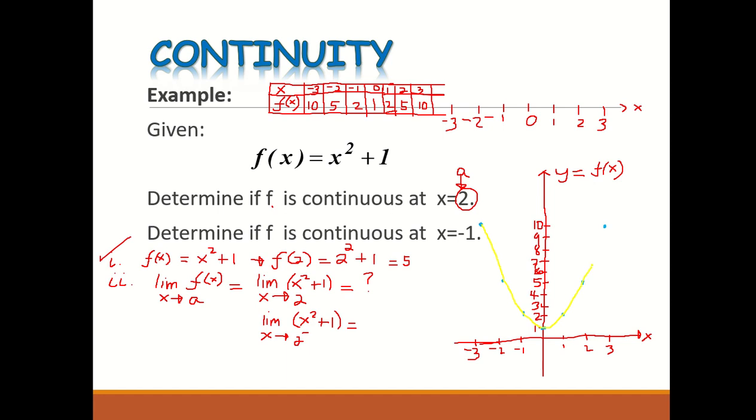Okay, so this is our graph, and you can extend this one and then put an arrow, to indicate that you can add more values for x here to the right and also to the left. Okay, so now let's continue this discussion here.